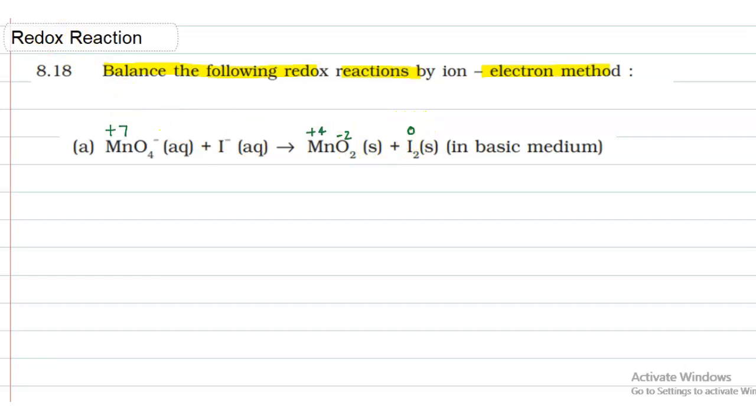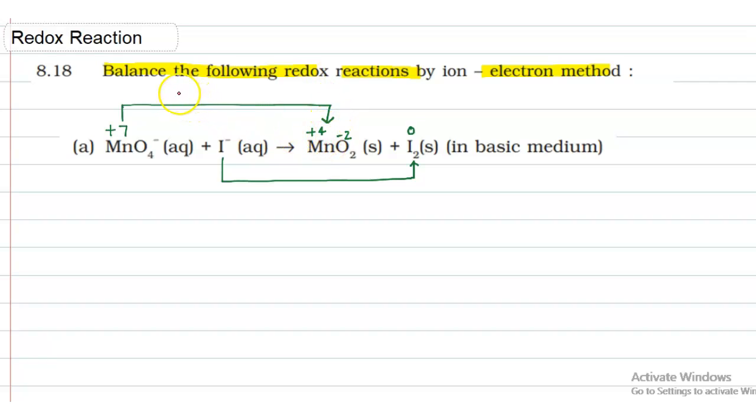Now the next step is to find the oxidation process and the reduction process. Let us see the change in the case of manganese, and the changes with reference to iodine. The manganese oxidation state is plus 7 in the reactant, and when it changes into the product it becomes plus 4.